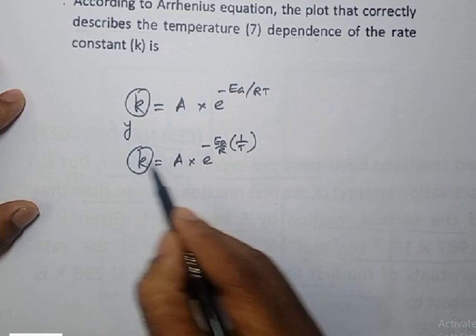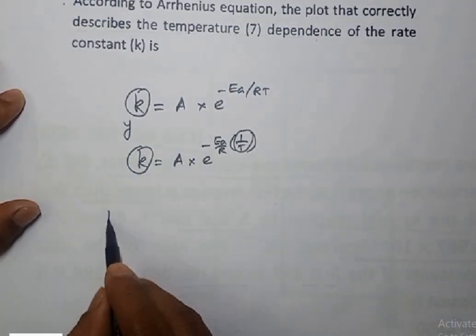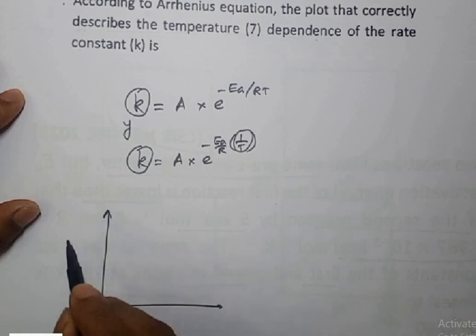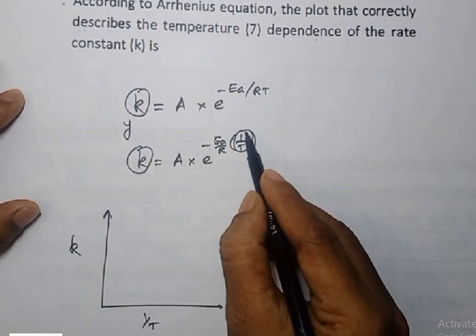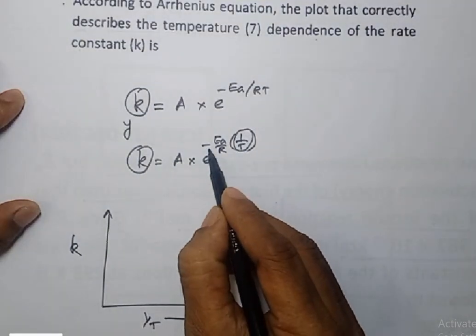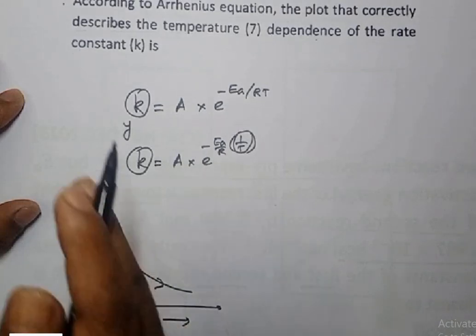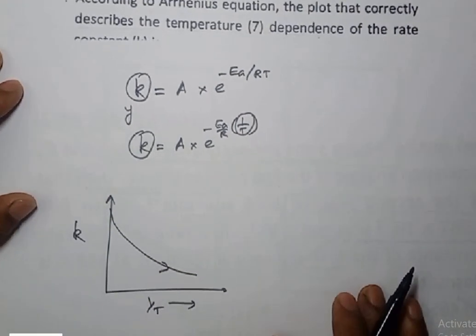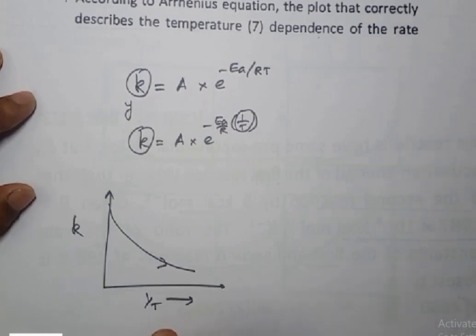Now we are plotting k versus 1 by T. How will the graph look? If I plot k on the y-axis and 1 by T on the x-axis, as 1 by T increases, I have a minus sign here, so the exponential decreases in this manner. There is an exponential decrease in the rate constant as 1 by T increases, not temperature, observe carefully.